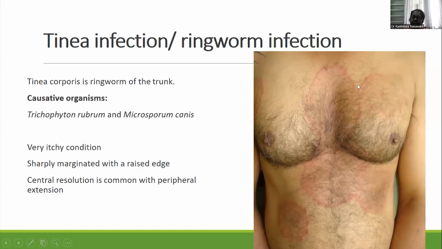You can see this is sharply marginated, right? With a raised active edge and central resolution, because the fungi spontaneously die at the center and spread outwards. So there's an active inflammatory edge with central resolution, a very itchy condition.